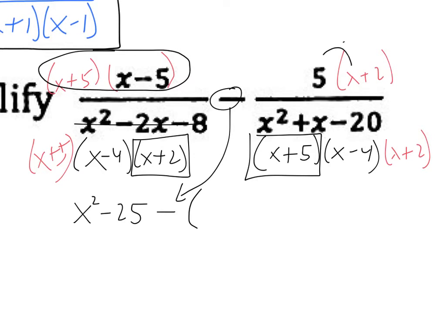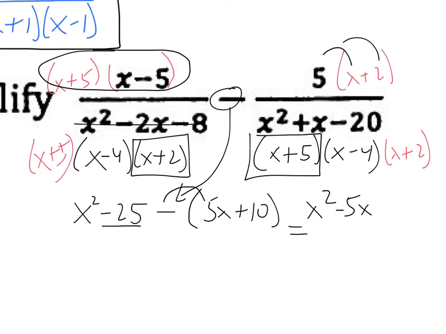And this would be 5x plus 10, because I'm subtracting that whole second numerator. And now that's going to be x squared. And then this becomes negative 5x. And I have negative 25, and this will be minus 10. That minus sign goes with the 10, so negative 35.